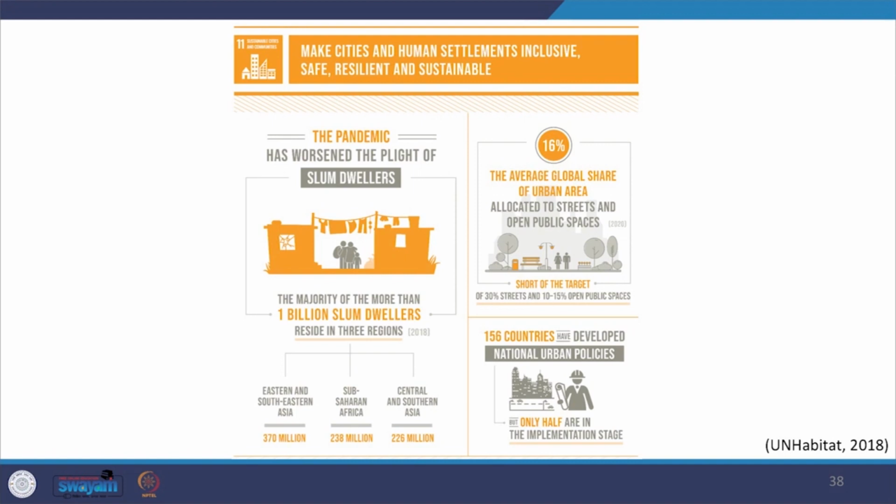The direct and indirect impacts of the COVID-19 pandemic are making it even more unlikely that this goal will be achieved. So probably we're not going to achieve this goal in the given time, with more people forced to live in slums now, where quality of life is deteriorating and vulnerability is increasing.